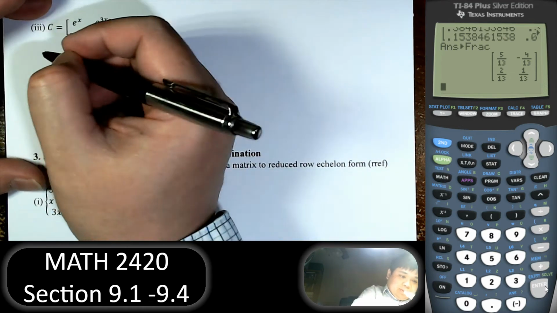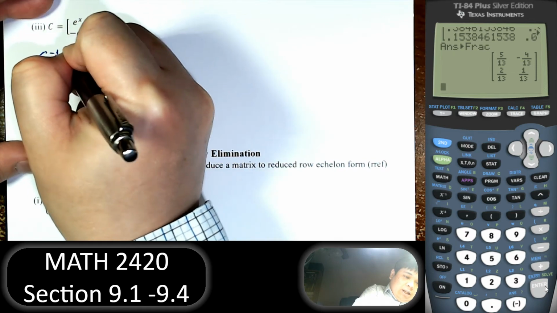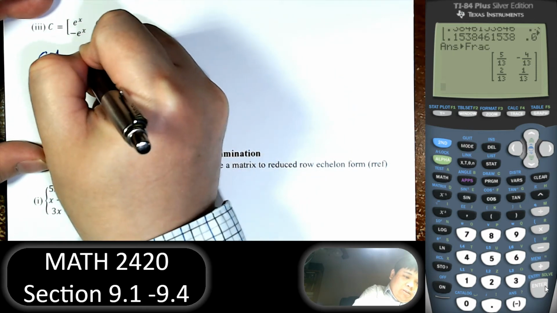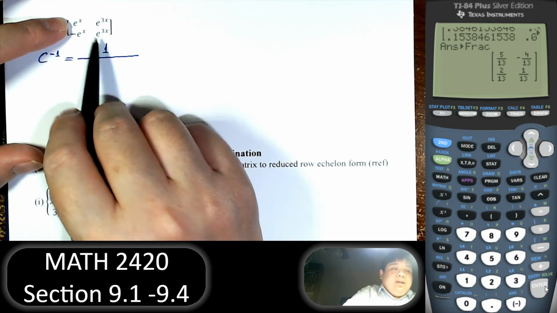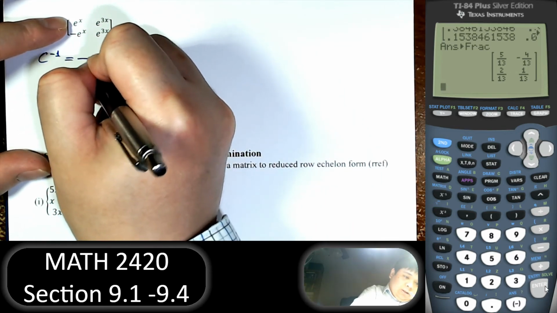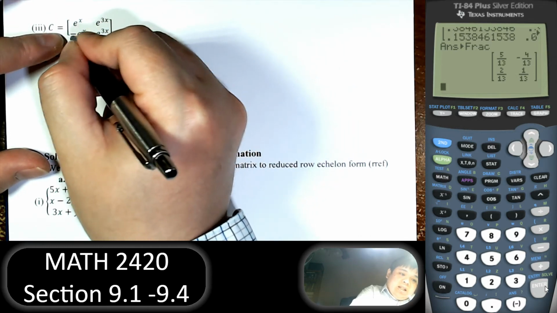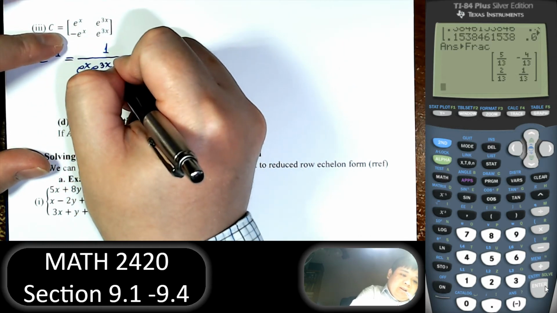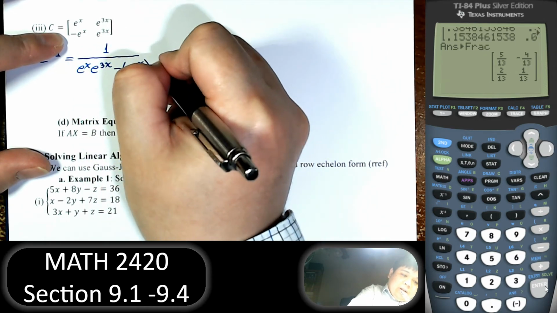So the inverse of C is 1 over the determinant: e to the x times e to the 3x, minus, this has a negative, so minus a negative, e to the 3x.